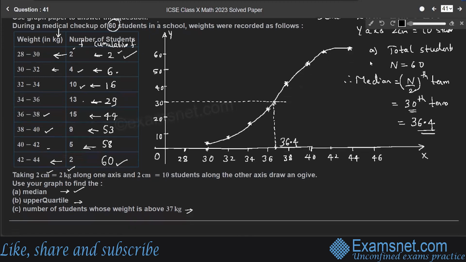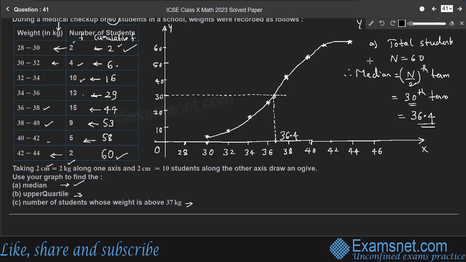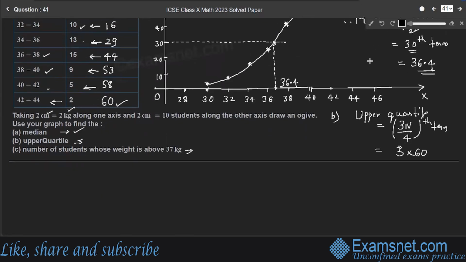Right? So next question is upper quartile. So question B is to find the upper quartile. The upper quartile formula is equal to 3n by 4th term. Since n is 60 students, 3 into 60 by 4th term, right?